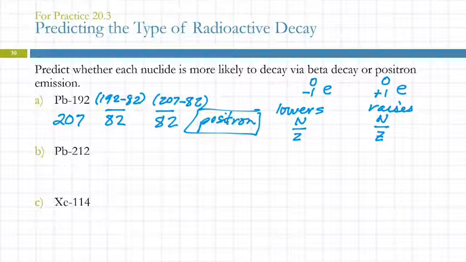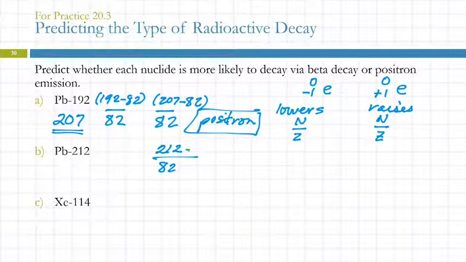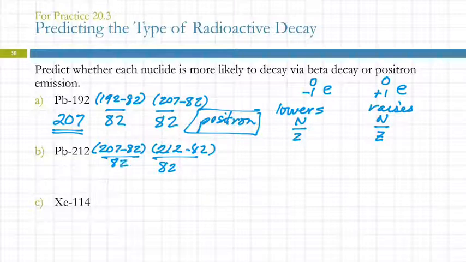What about lead-212? Well, 207 is still the average mass of lead. So the 212 over 82, this is stable, and this is the one we're looking at.